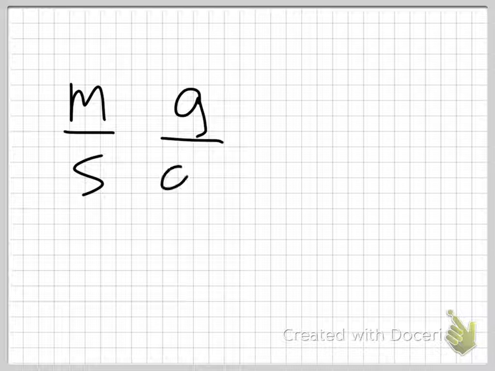Do you remember what a derived unit is from chemistry? We use them a whole lot in here. Okay, it's way in the early part of the year. A derived unit is a unit made up of more than one SI unit multiplied together or divided by one another. So, for instance, meters per second is a derived unit. Grams per cubic centimeter is a derived unit.